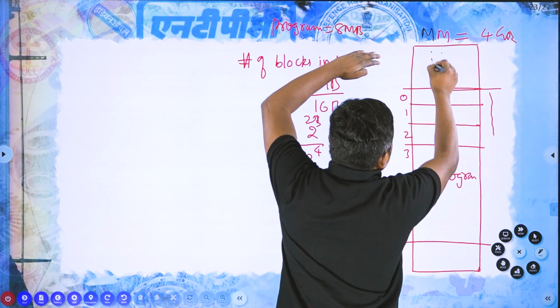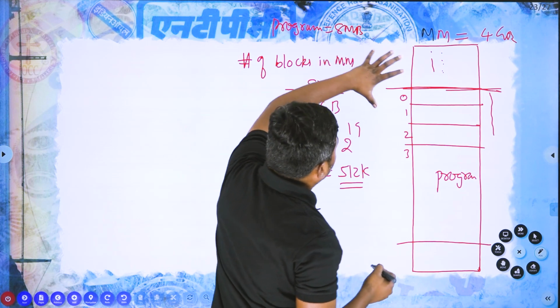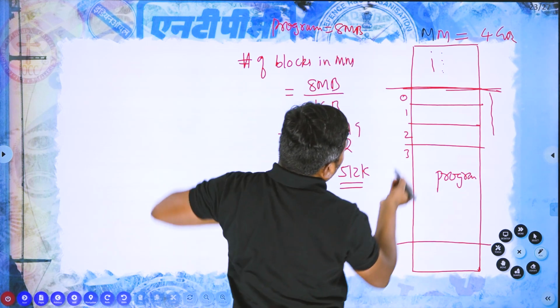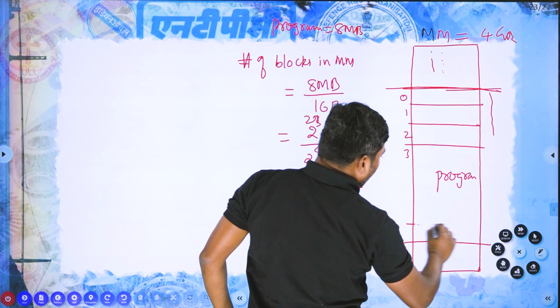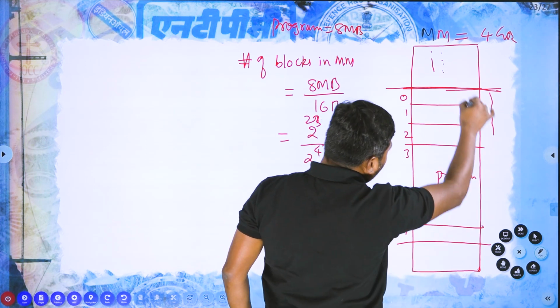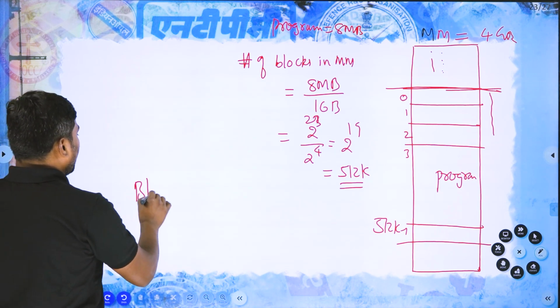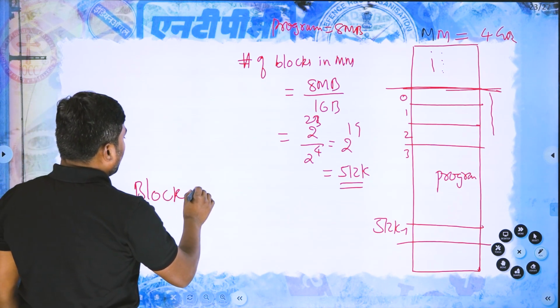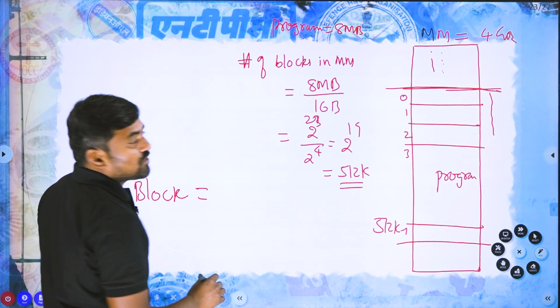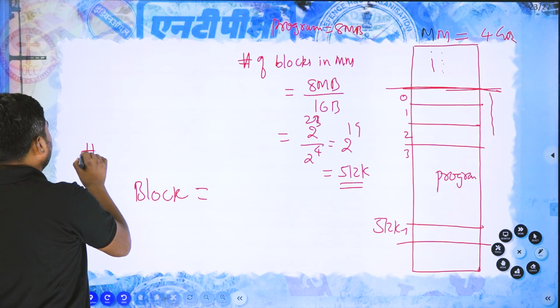In a page, blocks are stored, so 0, 1, 2, 3, up to 512K minus 1 blocks will be there. What is the block size? Block size is 16 bytes. What is the element size? 2 bytes.